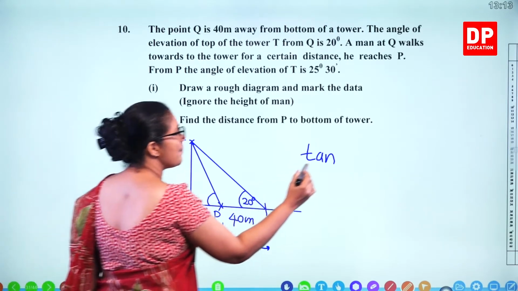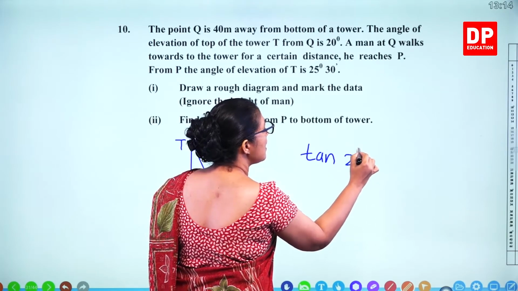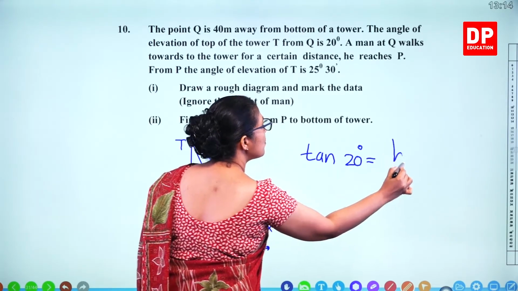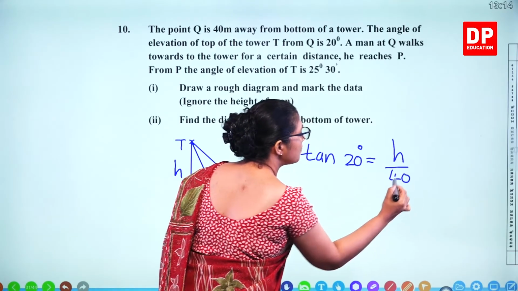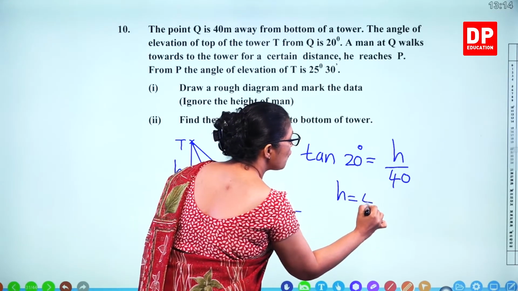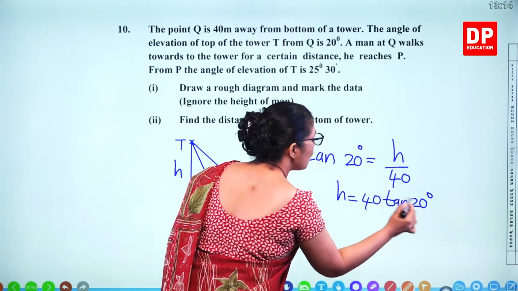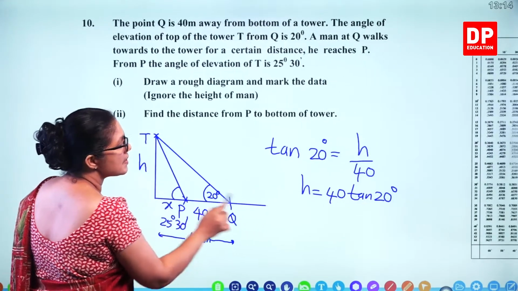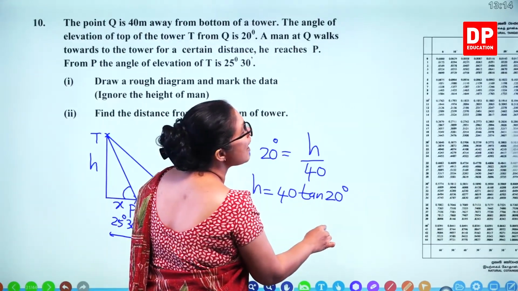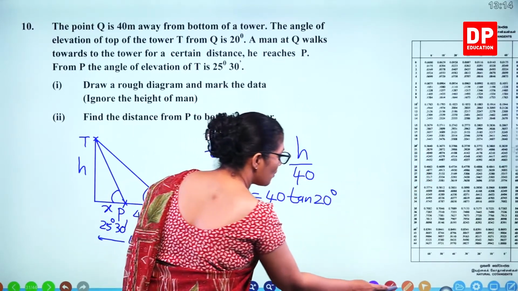So 40 is there. So tan 20 is h, I'll put h for the height, over 40. So what is h? h becomes 40 tan 20. You can use tan tables. What is tan 20? Tan 20 is 0.3640.